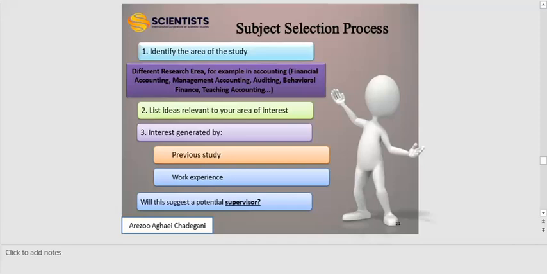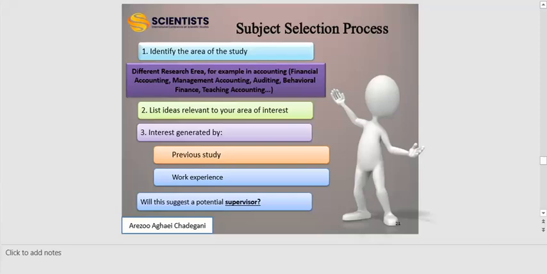For example, in accounting, we have various research areas like financial accounting, management accounting, auditing, behavioral finance, teaching accounting, tax accounting, governmental issues, and so on. First, you need to identify the area of your study.